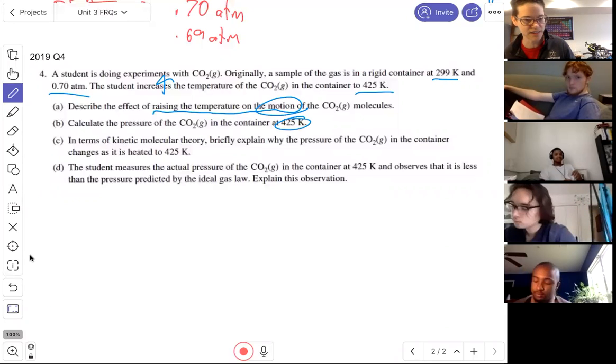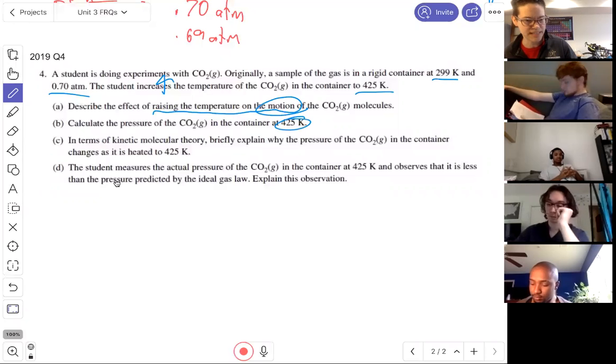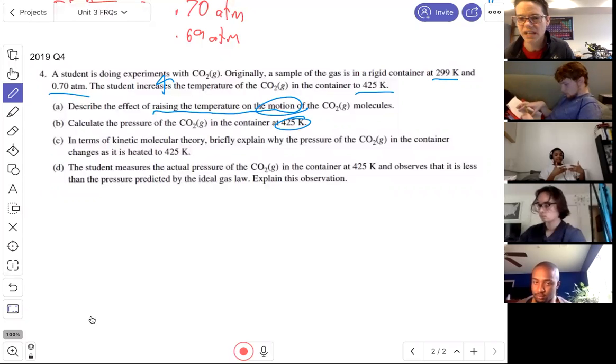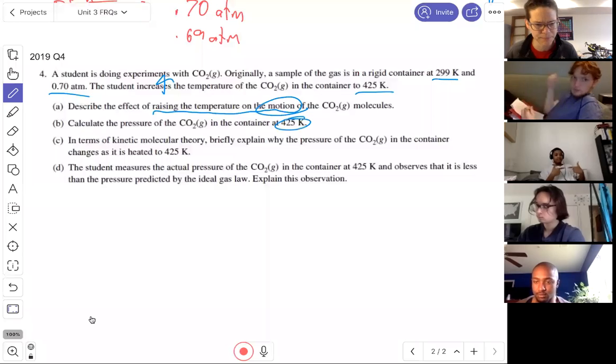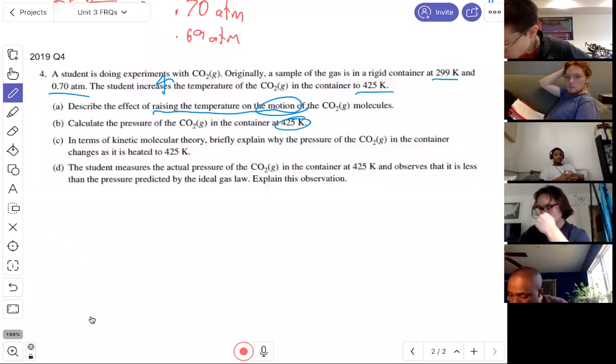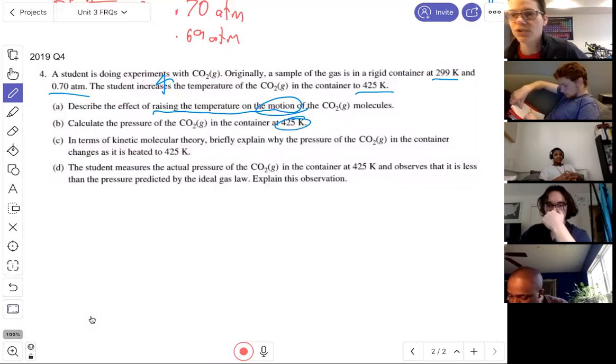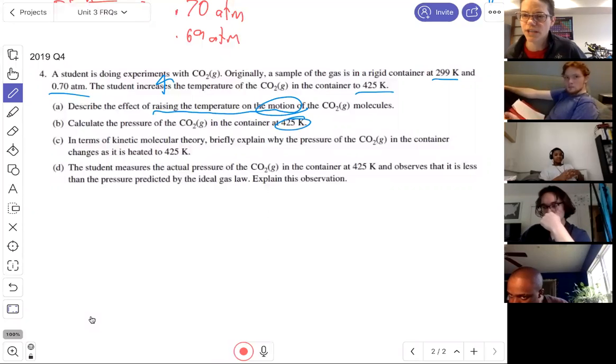We were all a little surprised that they asked this question last year because they have not done something so straightforward in a long time, because this is basically two temperatures and one pressure, and they're asking you for the other pressure.